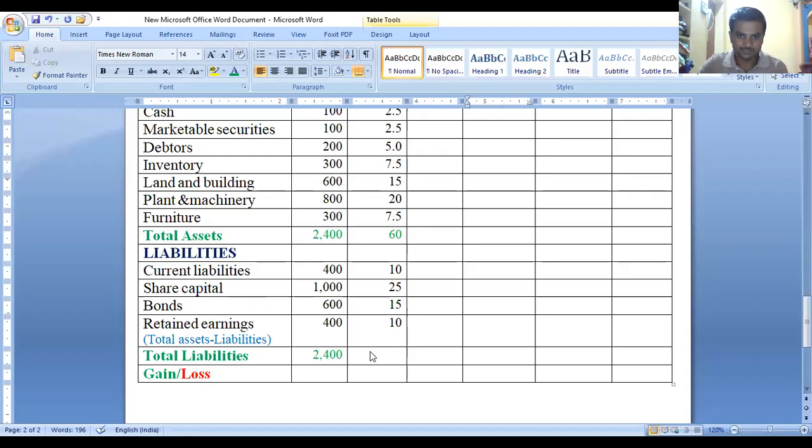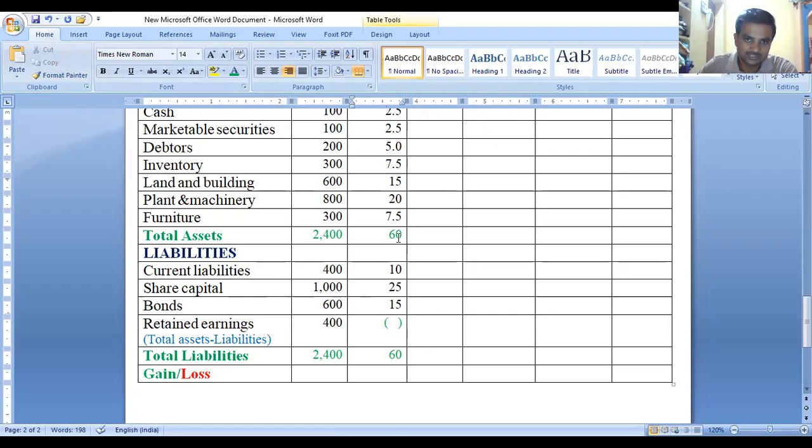Total liabilities also comes the same, that is $60. So here we need to find out the balance, which is $60.